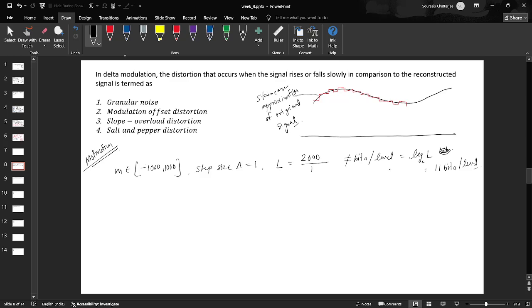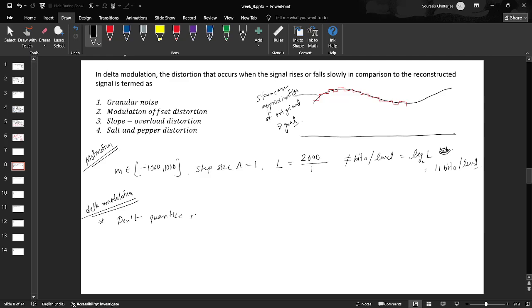So that is where delta modulation comes into the picture. So what is delta modulation saying? Delta modulation says that I am not going to quantize each sample.